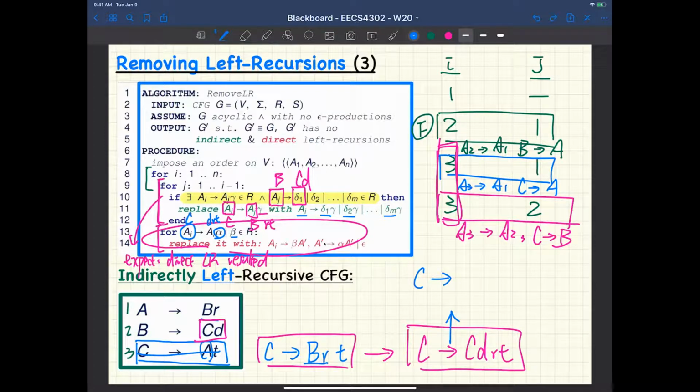So what you will do is C goes to beta C prime. Because beta is nothing, I'll just put epsilon. And then for here we just say C prime will be DRT C prime or epsilon. It's quite a standard procedure you have to apply.